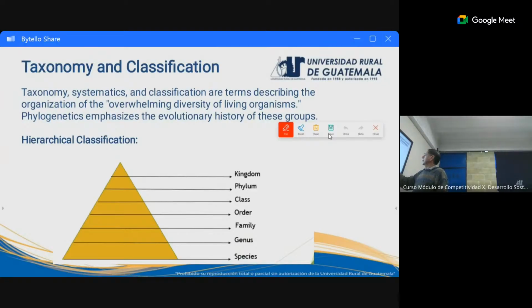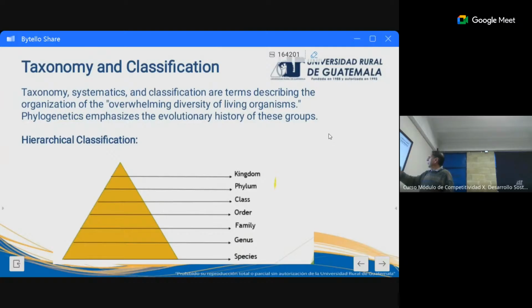Okay, the upper level is called kingdom, then phylum, and next class, then we have order, next family, then genus, and the last one at the bottom of this classification is species.